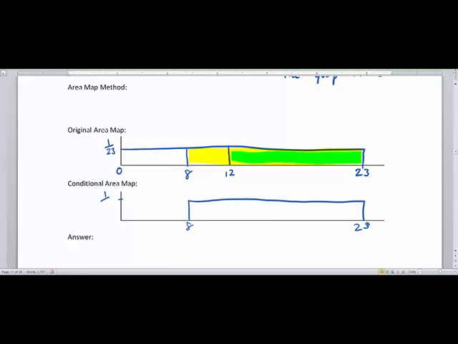The reason why we use the 23 up here is because we had 23 sections making up this entire area. But now we don't have 23 sections. In fact, we have 23 sections minus the 8 that we're not using to the left of the number 8. So 23 minus 8 is 15. So our denominator is not 23, it's 15.